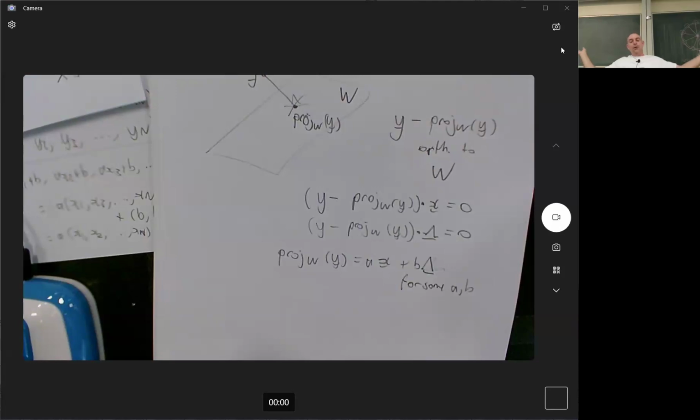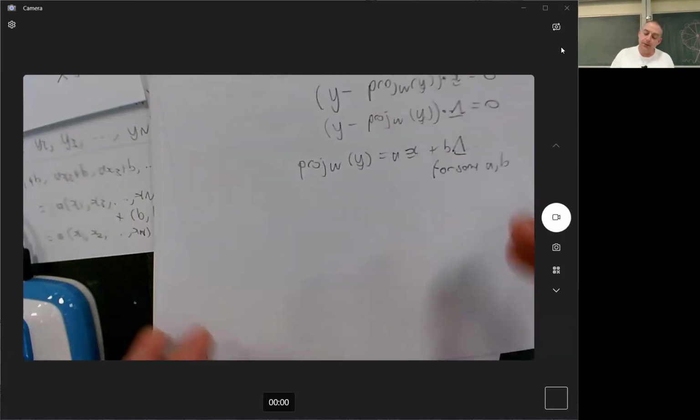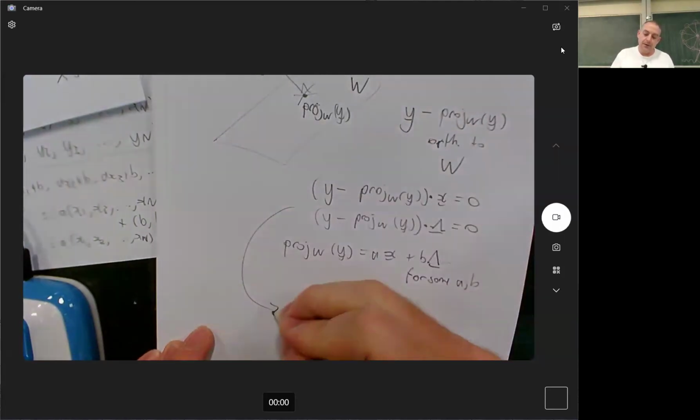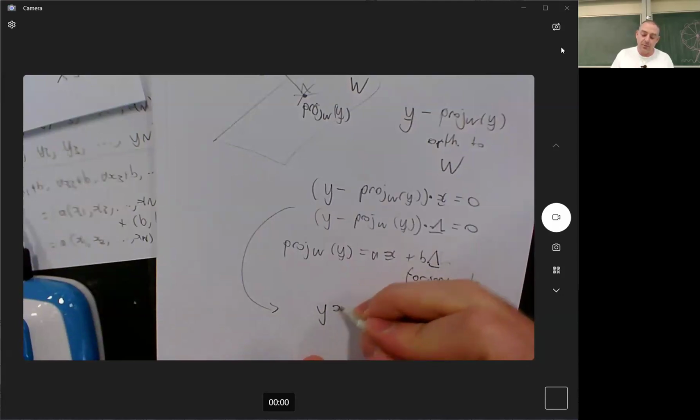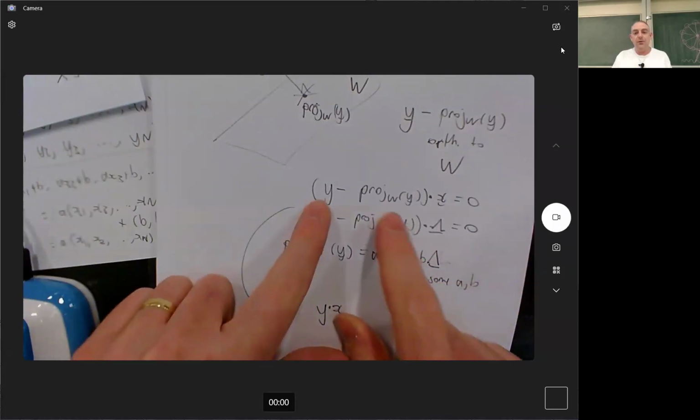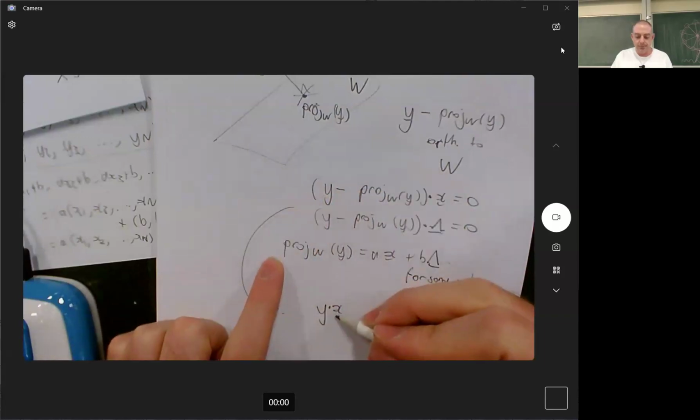My lambdas are getting worse and worse. But what I'm going to do is first expand out this dot product.